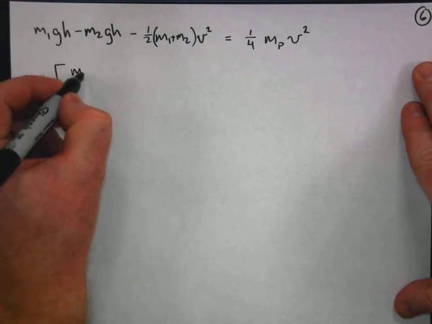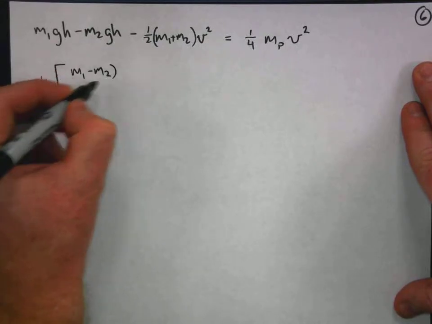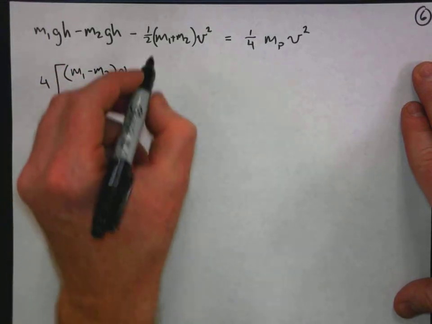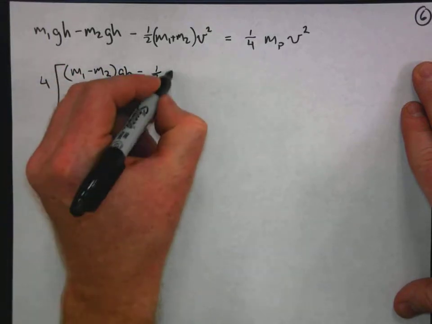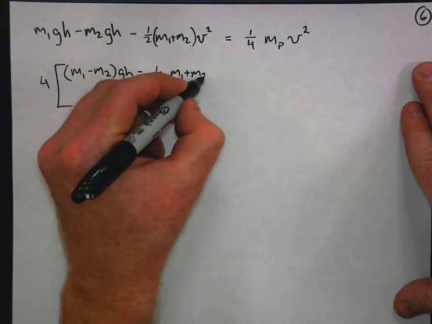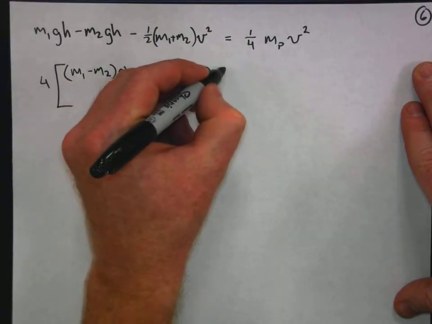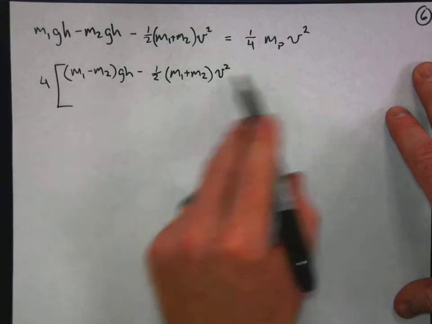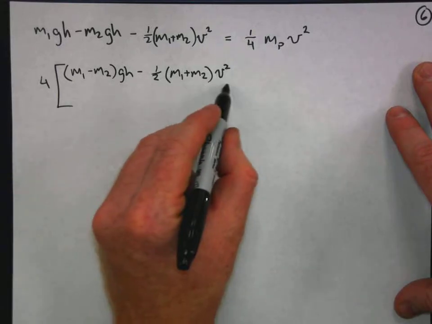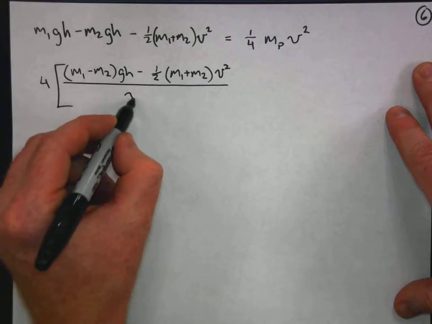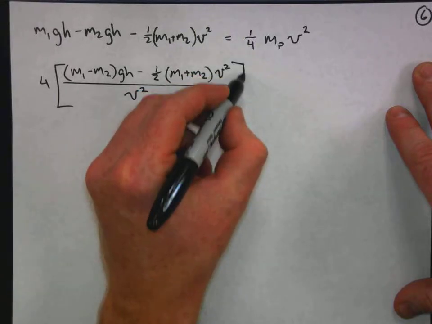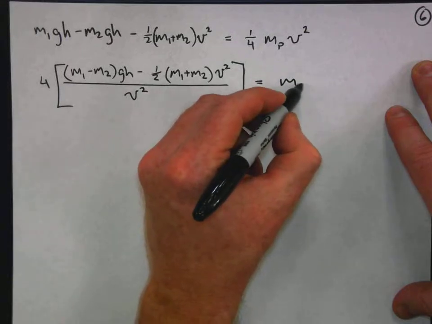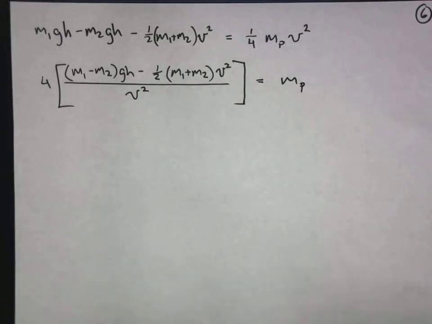This is m1 minus m2 times gh minus 1/2 m1 plus m2 times velocity squared. So I've multiplied by 4, and I now divide by v squared, all over v squared. And that is equal to the mass of the pulley.